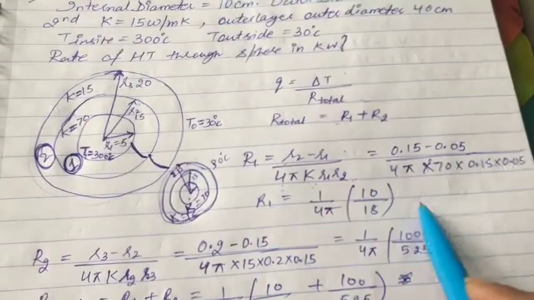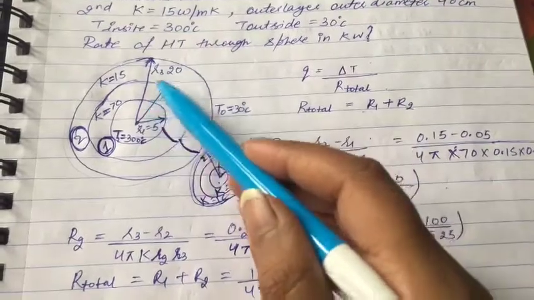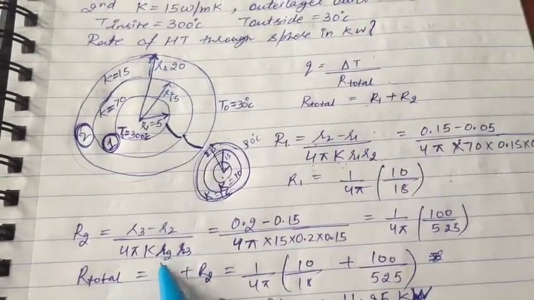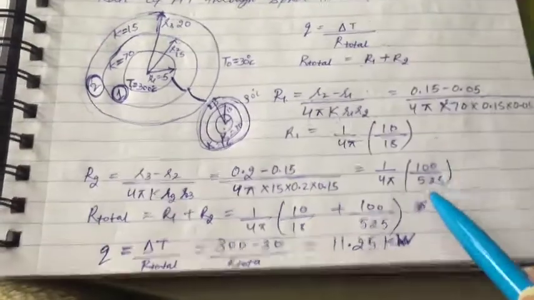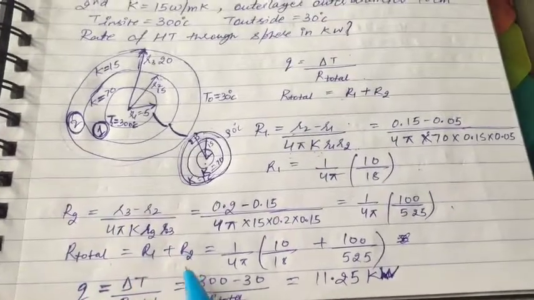We would get our R1. Then for R2 it would be R3 minus R2 for this surface upon 4 pi K R2 R3. Putting in the values, we would get our R2. From here we can calculate our R total, which is R1 plus R2.